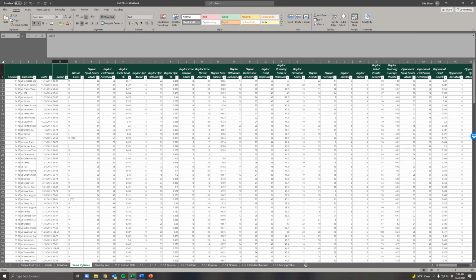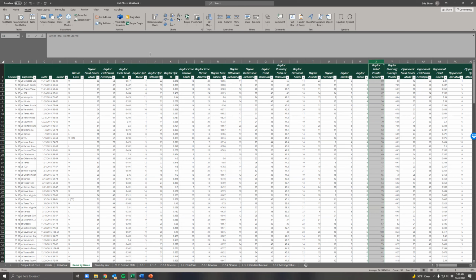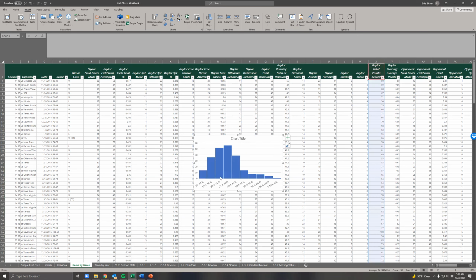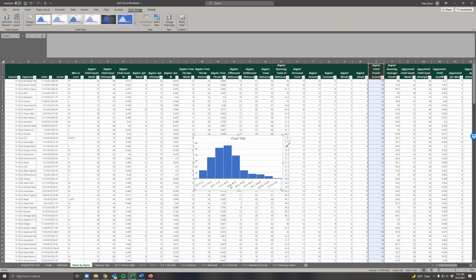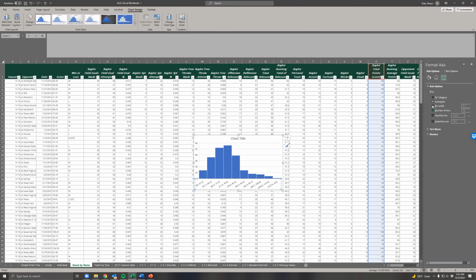Let's see here. I'm actually going to see the score. Here's what I'm going to do: insert a histogram, with the bin width.